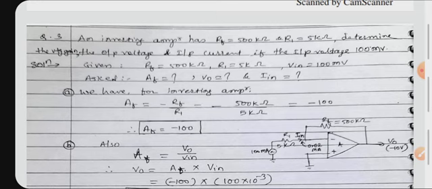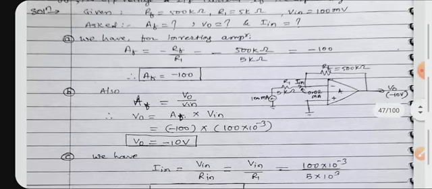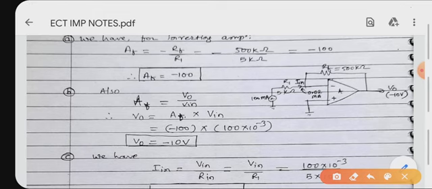So we know the formula for gain of inverting amplifier. AF is equal to minus RF by R1. Keeping the values, you will get the gain equal to minus 100. By using the same formula you can calculate the output voltage, because AF is equal to VO by Vin.